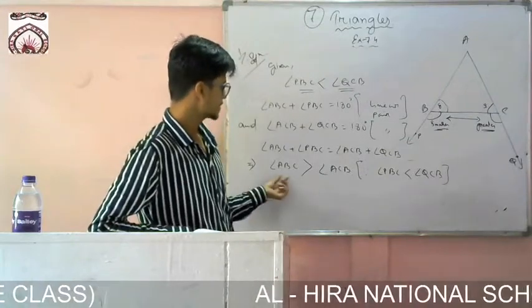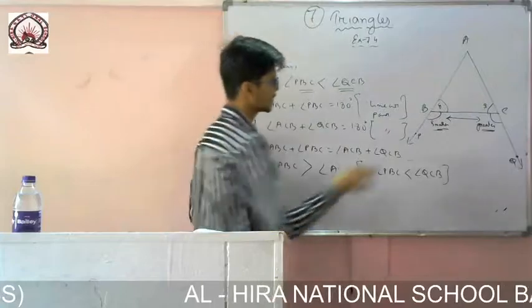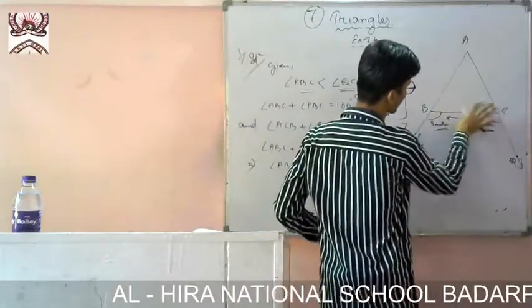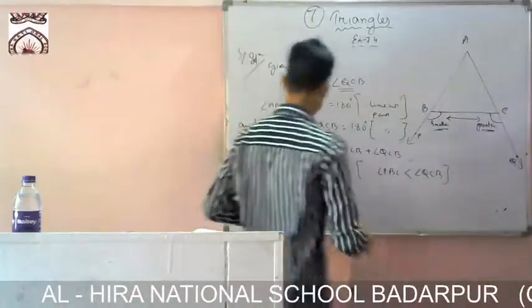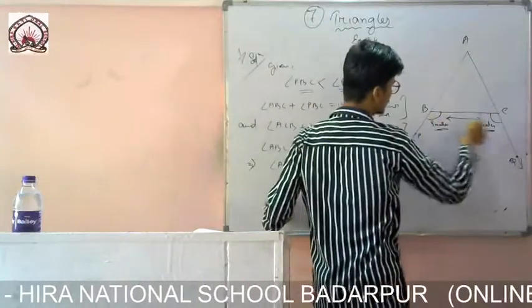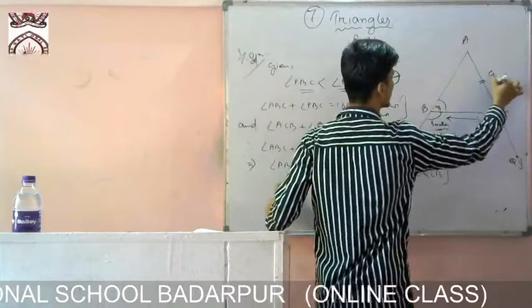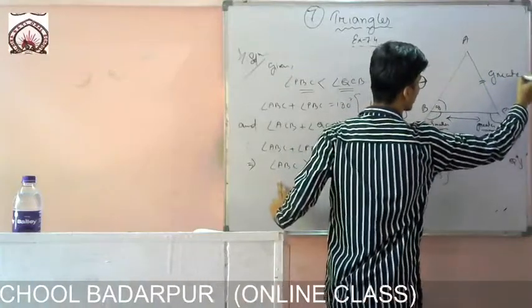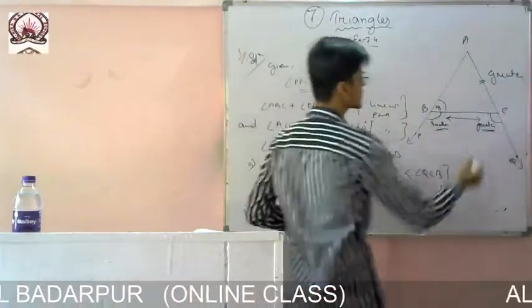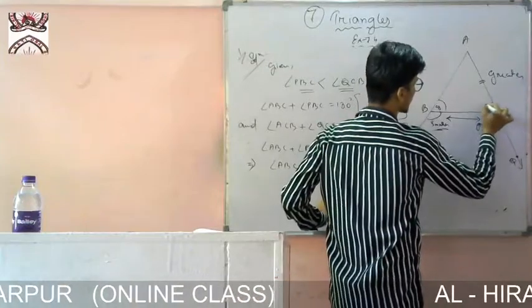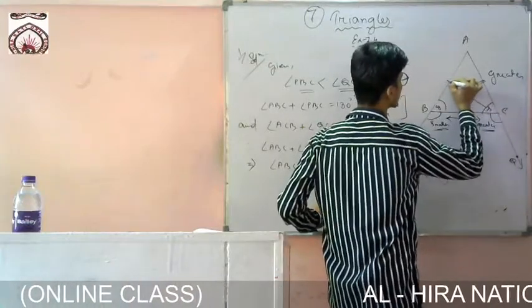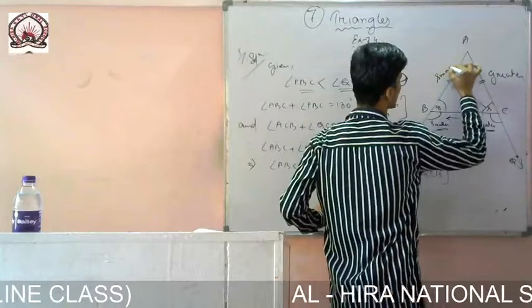Now, since ABC is a greater angle, let me erase this. You see here, ABC. If ABC is a greater angle, that means the side opposite to that one will be greater. If ACB is a smaller angle, then the side opposite to that one will be smaller.